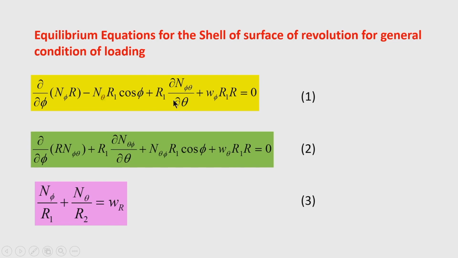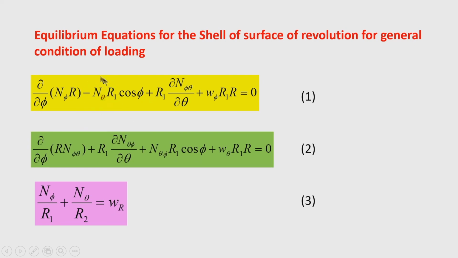This term will have no contribution, because for axisymmetrical condition n phi theta is 0. If we look at the second equation, because n phi theta is 0, this term is also not necessary, this is also not necessary, and this is also not there. So, that means the second equation is actually not necessary in case of axisymmetrical condition. First equation is necessary and the third equation is necessary.